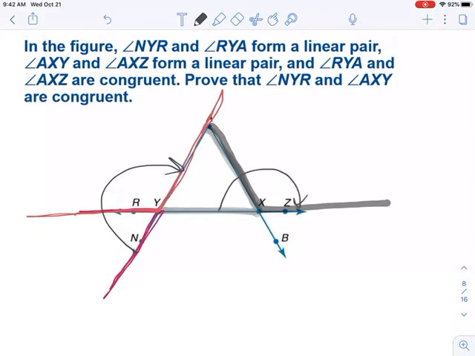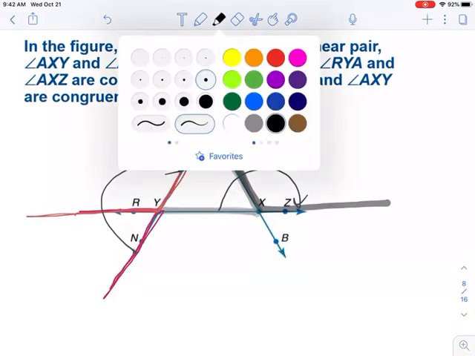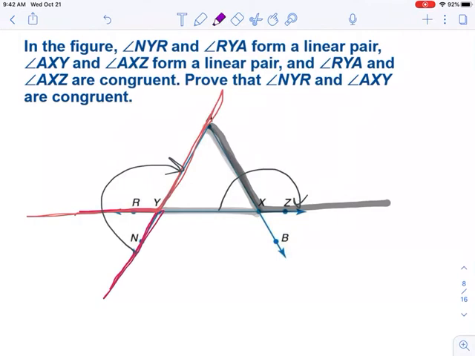And RYA. Maybe I'll highlight RYA. RYS, this one here. Okay, I'm just going to go up here and mark it so I remember what it was. And AXZ are congruent.